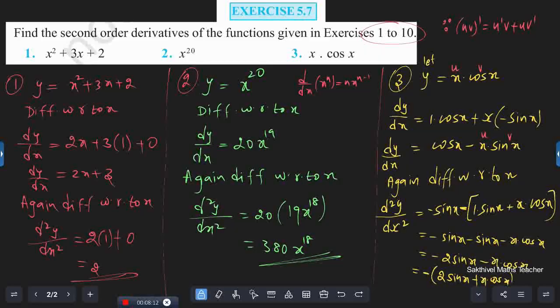That's it. This is our final answer for the double derivative of the third one. Question number 3, do you understand? Okay. Have you understood the double derivative? Just differentiate two times and you will get very easy work.